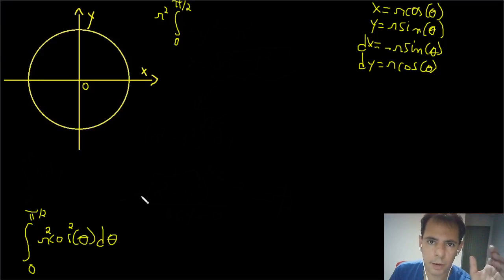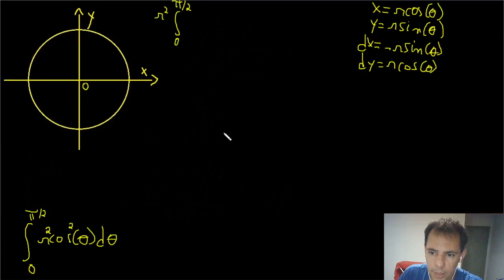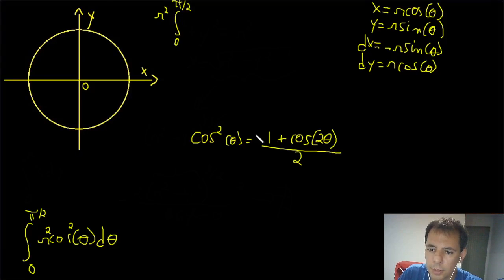There's a trigonometric identity that says that cosine squared of theta equals 1 plus cosine of 2 theta, divided by 2. You see that I got rid of the second power? Now I just have a power of 1 here, so I'm just going to integrate with respect to this.